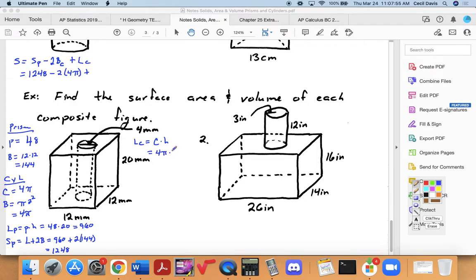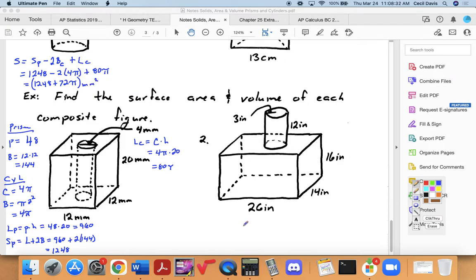So that's 4 pi times 20, which is 80 pi. So that'll be 1,248 plus 80 minus 8, which is 72 pi. I've got a negative 8 and a positive 80, and I need all that in parentheses, square millimeters.